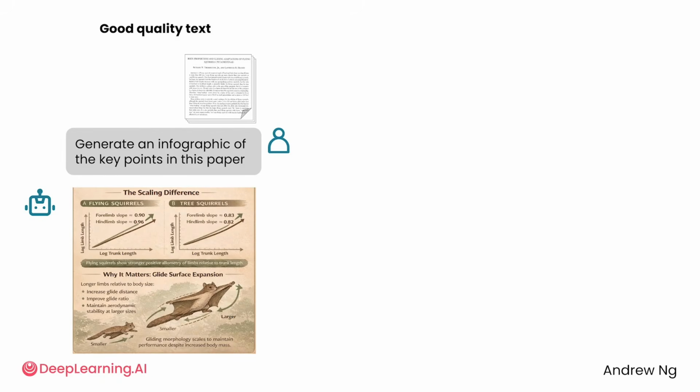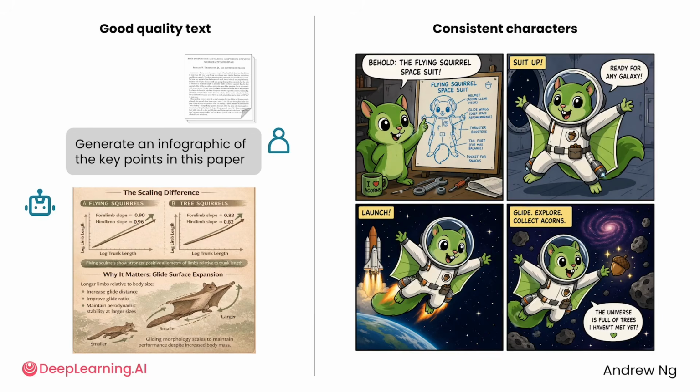Or if you ask it to generate a cartoon, the more modern models can generate fairly consistent characters, meaning now this character, as you can see, looks very similar from frame to frame of this cartoon. And the text also looks pretty decent.